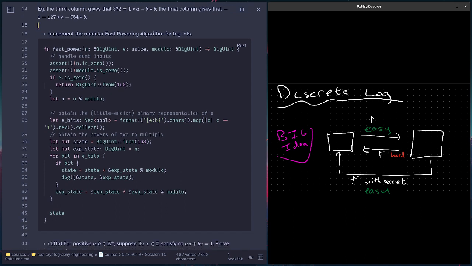And the algorithm itself is really quite simple. The only annoying thing is getting set up. The first, say, 10 lines of this code are just checking for bad inputs. And the algorithm itself, starting here, is written imperatively and is quite simple.